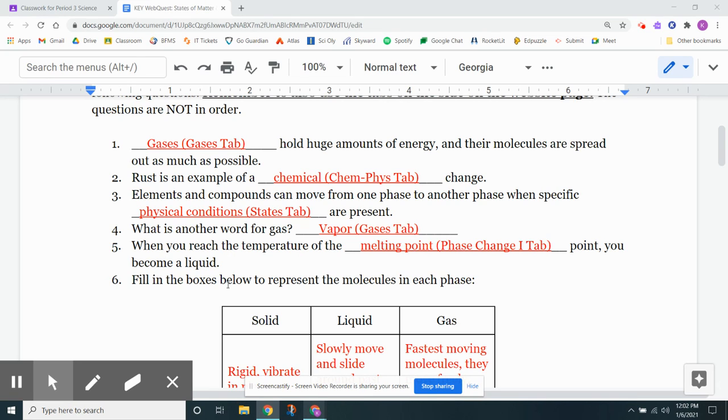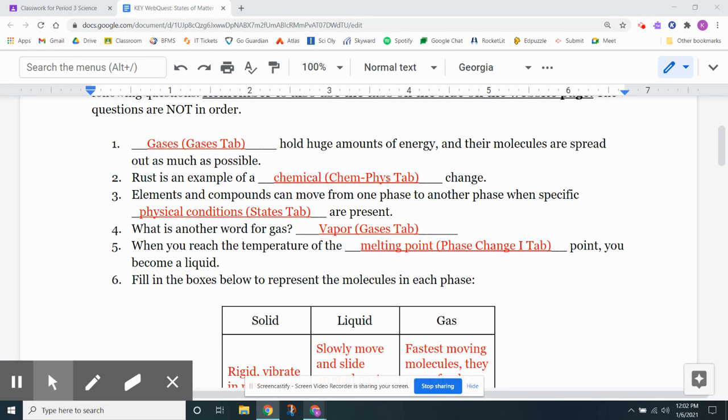So rust is a classic example of a chemical change because we started off with metal, right? And it actually chemically changes and creates a new substance, rust. You go from iron to iron oxide. And that was from the chemical physical tab.